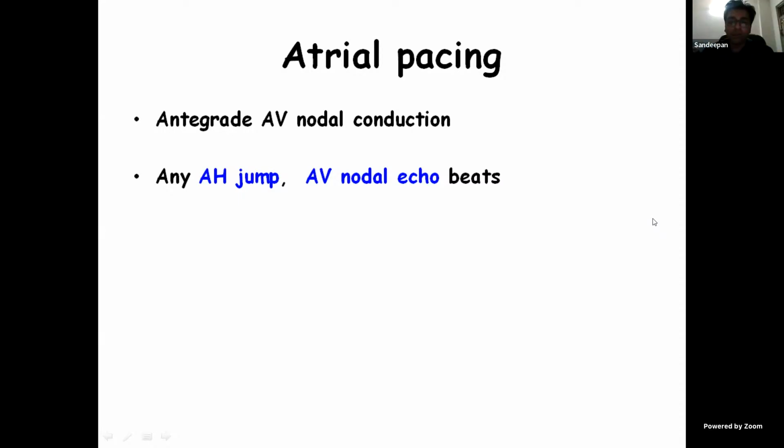Sir, similar to the VERP and the VAERP, we also look at the AERP. तो अगेन जब हम वेंट्रिकल पेस करते हैं तो V to A देख लेते हैं. इसके अंदर हम एट्रियल पेसिंग करते हैं तो हम A to V देखने के बजाय बीच में हिज पड़ा हुआ है ना, तो we'll look at any AH jump. We'll look at AV nodal ERP.